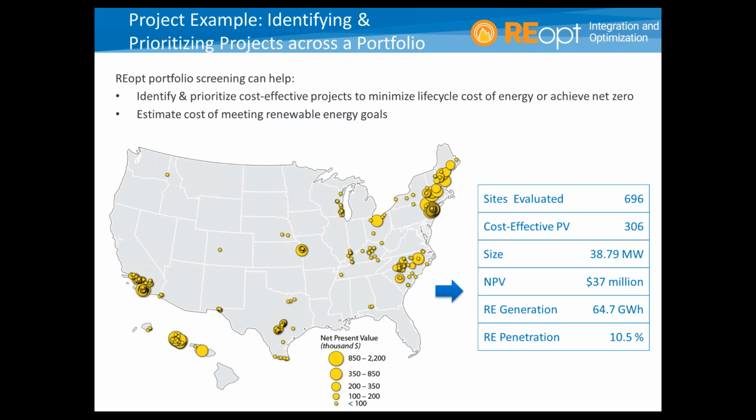These projects in total would have generated about 65 gigawatt hours of renewable energy and would have provided about 10.5% of the energy needs of these Time Warner Cable sites. And so this is just an example of how we start to identify and prioritize cost-effective projects. You can see in the map that the larger bubbles have larger net present values. So those might be the locations that you start at because those offer the greatest opportunities for savings.